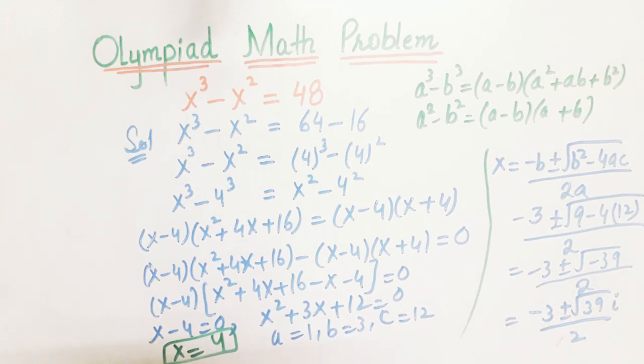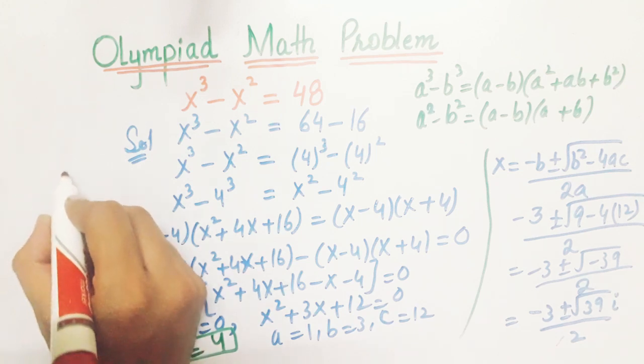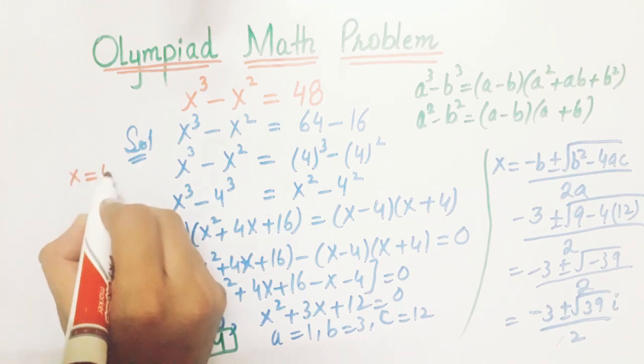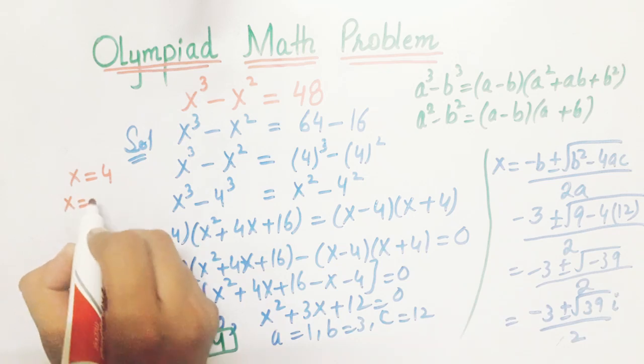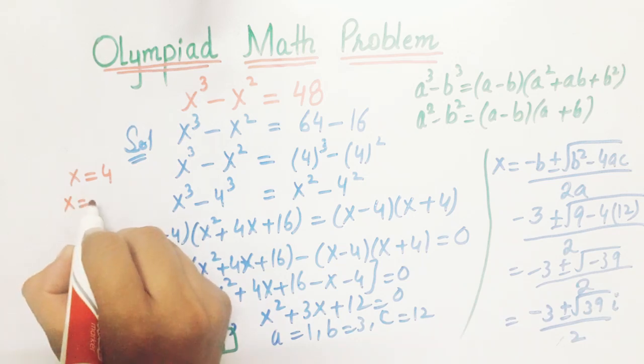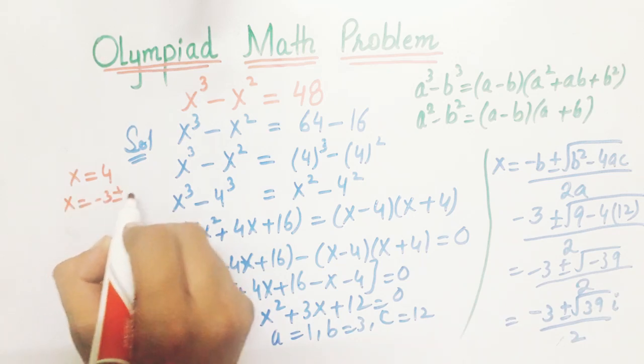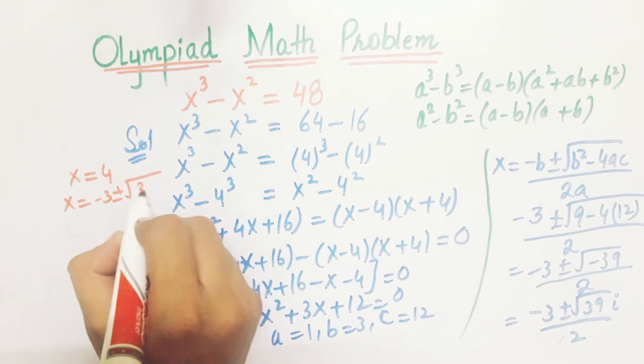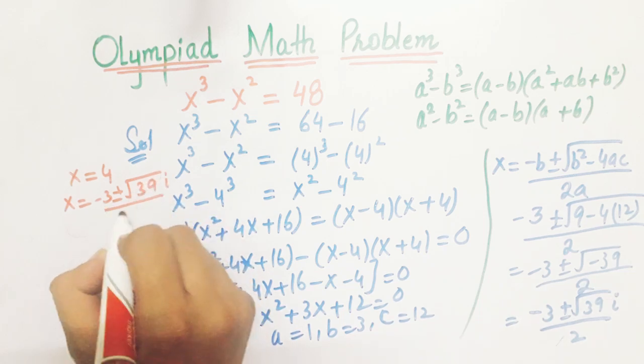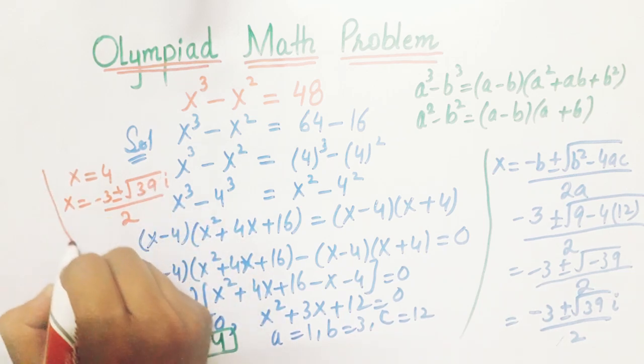So these are the roots. So we will write the roots here: x equals 4 and x equals minus 3 plus minus 39 iota divided by 2.